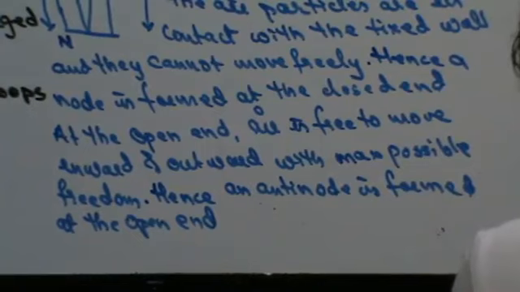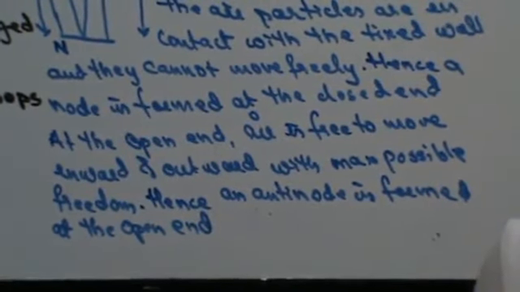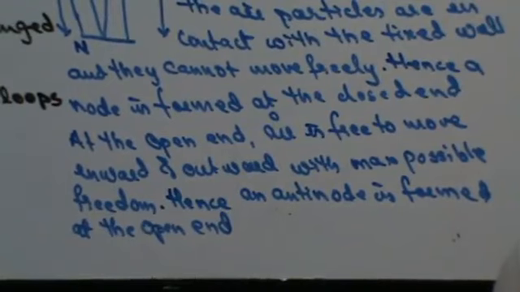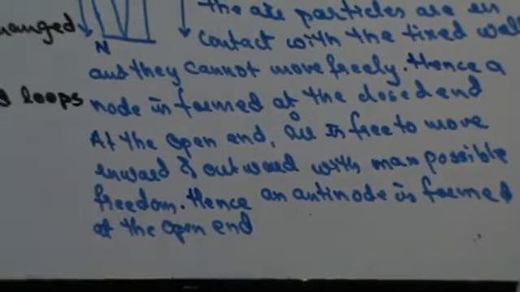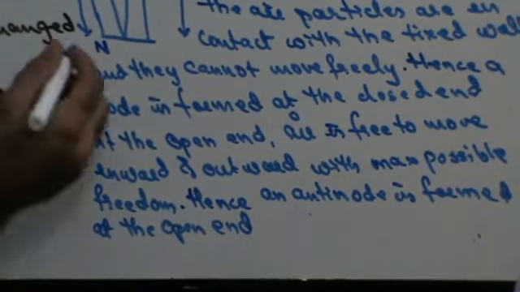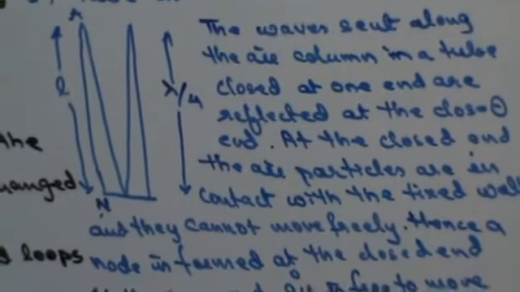Right? So the air column in a pipe closed at one end can vibrate in different modes depending upon the conditions. One of the simplest modes I've shown you in this diagram. This is called the fundamental mode, in which you have one node N produced here and one antinode that is produced here. Right?